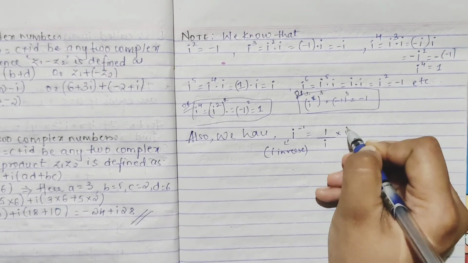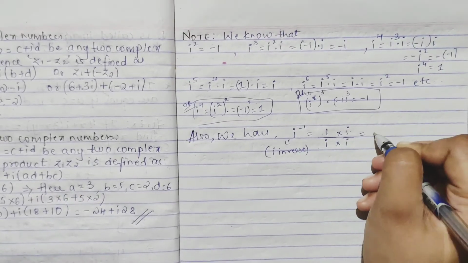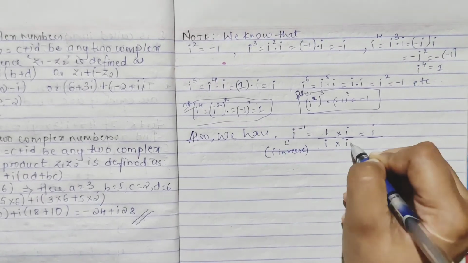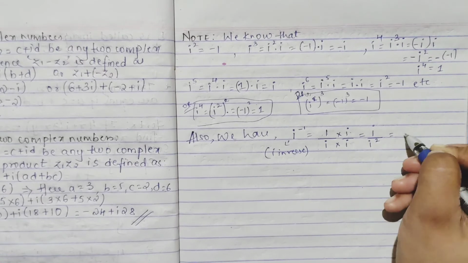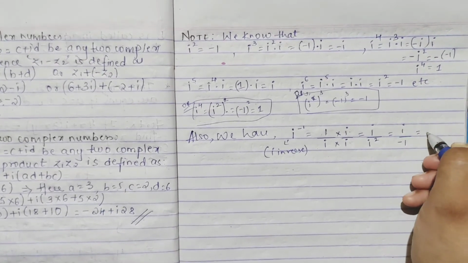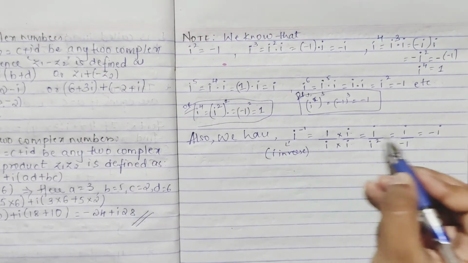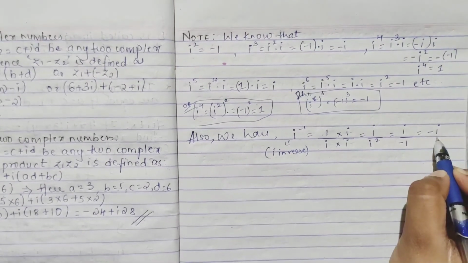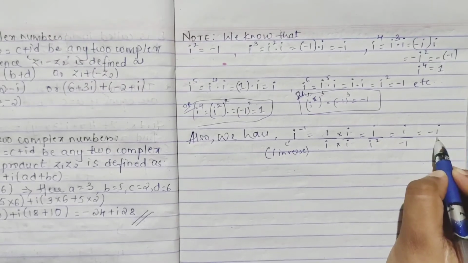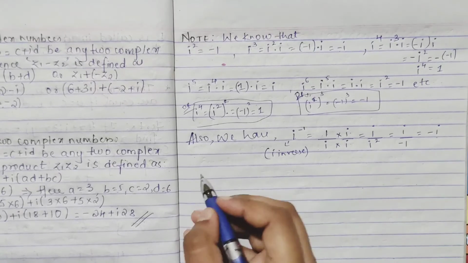For this what we will do, multiply both numerator and denominator with i, so you get i into 1 is i, and i into i is i square, and i square is minus 1, so minus 1 means it is minus i. So here i inverse you can write as minus i, okay? You can write it like this.